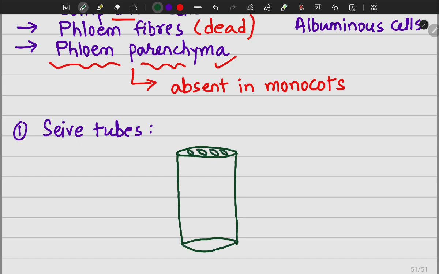So these are the end plates of sieve tubes and they have perforations like this. These end plates are called sieve plates. The cells of these sieve tubes have peripheral cytoplasm and a large central vacuole, and they lack nucleus. A mature sieve tube cell lacks nucleus.